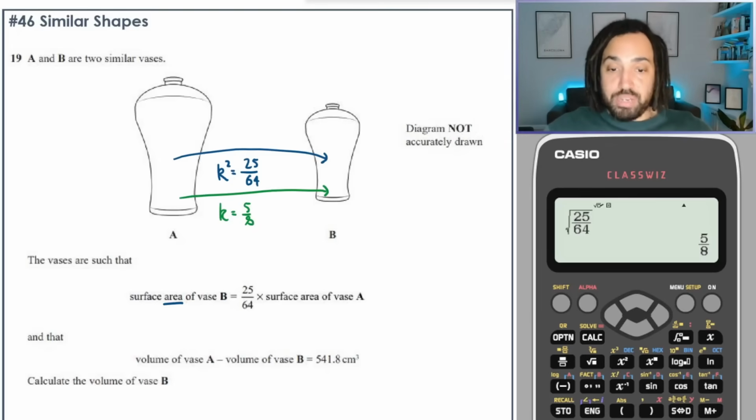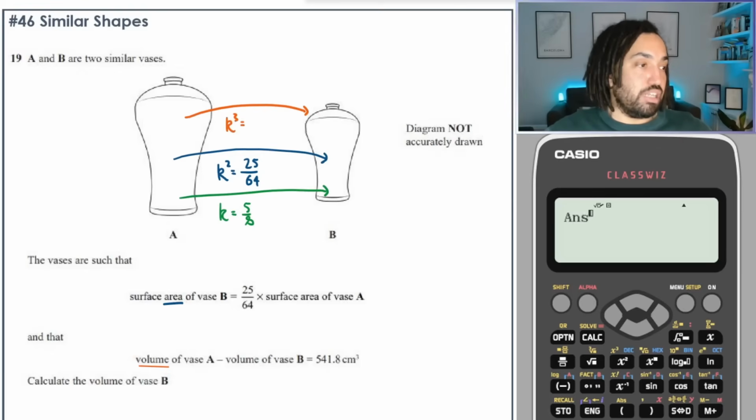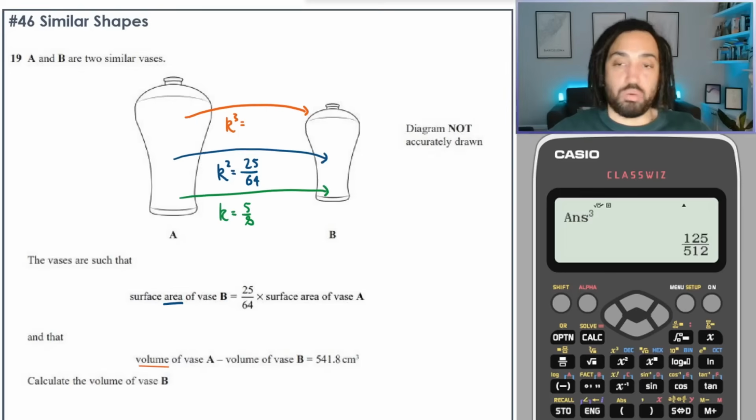But we don't need that. We actually need the volume scale factor, because we're talking about volume down here. So the volume scale factor, if I wanted to convert the volumes, I would need k cubed, which is the linear scale factor cubed, which is 125 over 512.